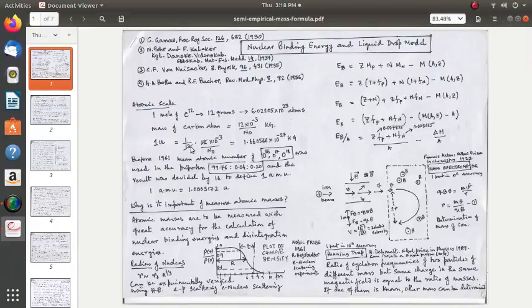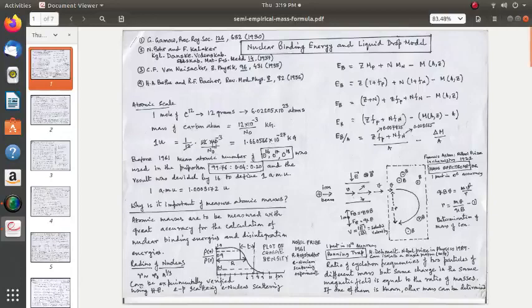If you want the mass per nucleon, then we have to divide by 12, and after dividing by 12 and the Avogadro number, here we get 1.660566 multiplied by 10 to the power minus 27 kg.